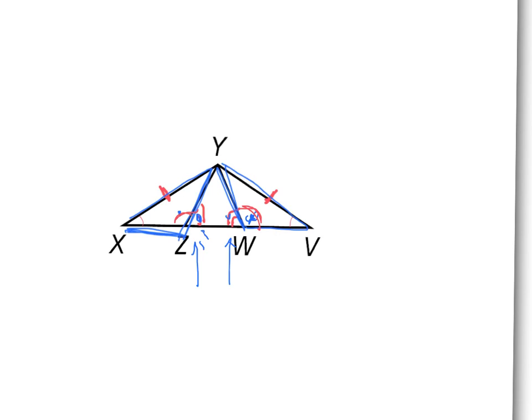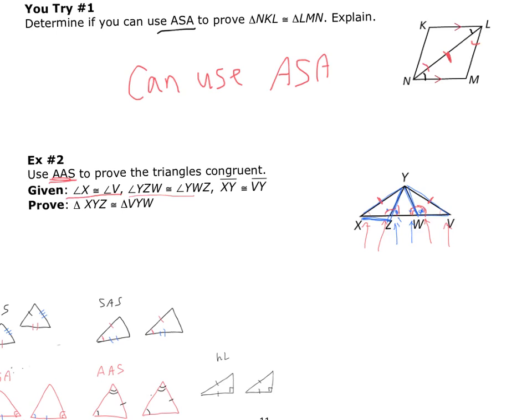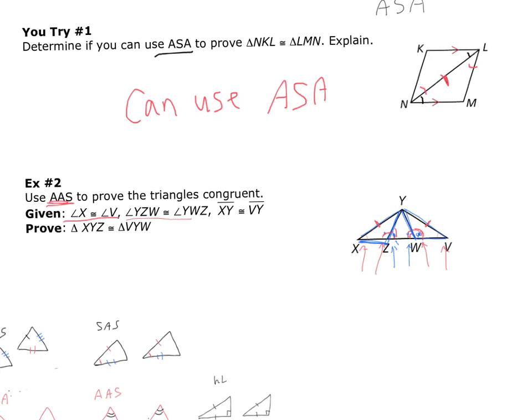So we can see that we have two sets of congruent angles on these triangles. And we have a congruent side that is not in the middle of those. Okay, so we can, in fact, use AAS.